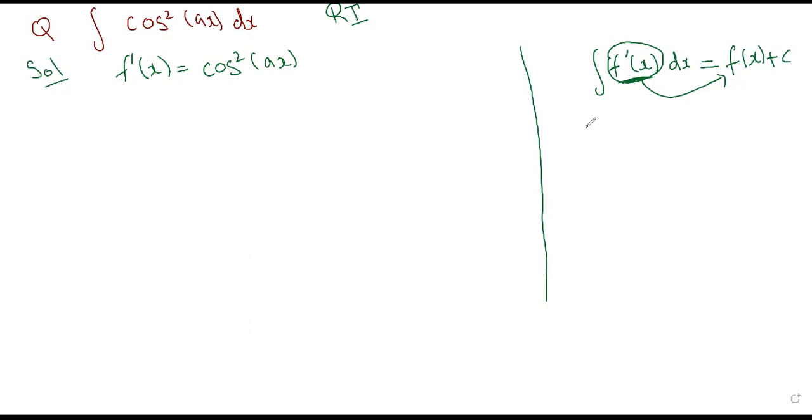So 1 plus cos 2x by 2. Very good. So we basically will change our integral to 1 plus cos 2x by 2, right?